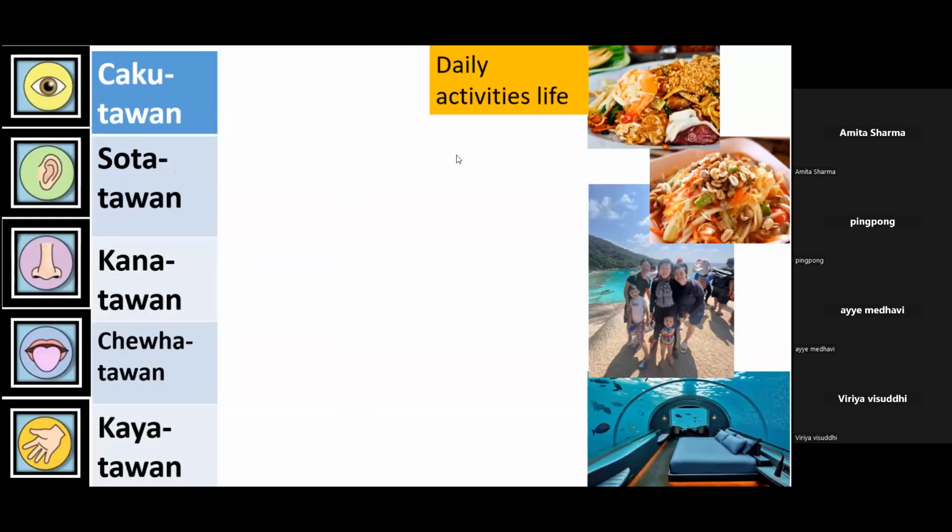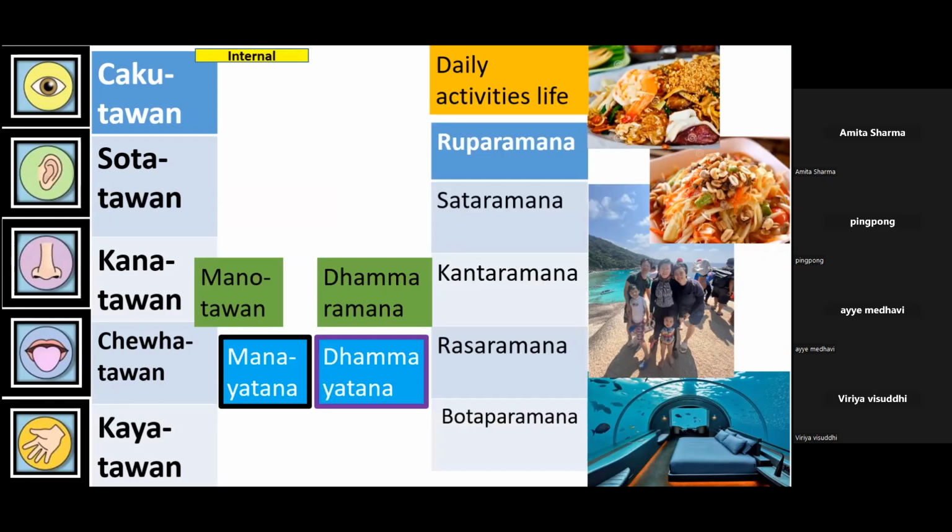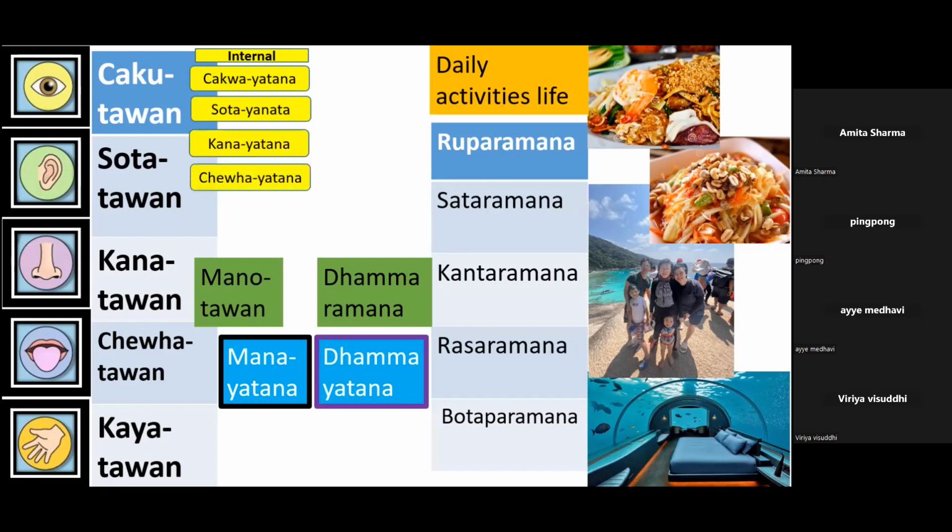So this Tawan that I mentioned to you earlier at the start of this lecture, we're going to learn about the main things, Tawan, Ramana, and Ayatana, right? So we're going to know Ayatana. The internal for the eye is Chakwayatana, and Sotayatana, Hanayatana, Shivhayatana, and Kayayatana.